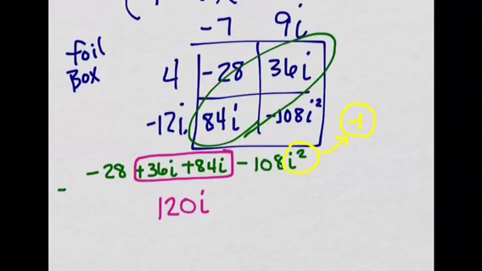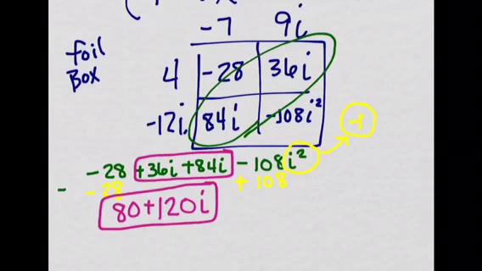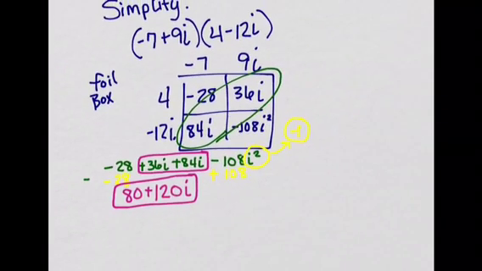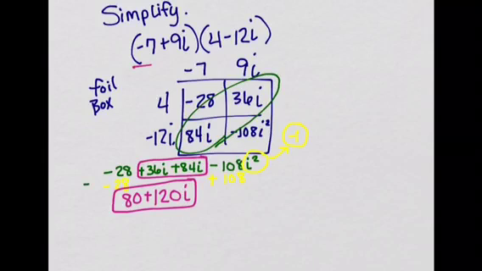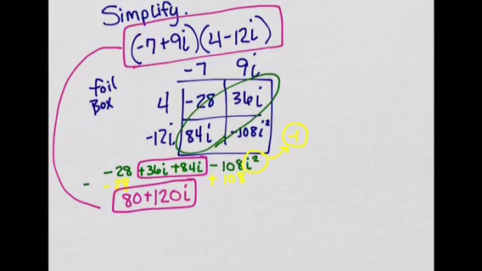Okay, so that's going to give me a negative 28 plus 108. And when I put those together, I'm going to get 80 plus my imaginary part. So this right here is going to be the final answer that I get after I have simplified this original problem up here. Okay, they're the exact same thing, they just look different on my page.